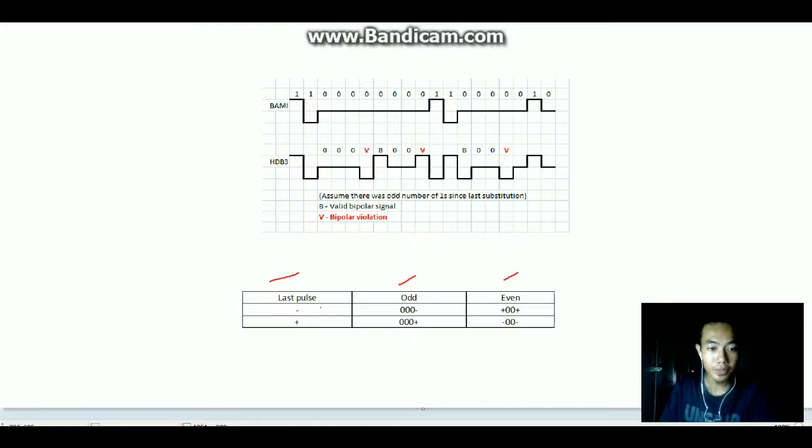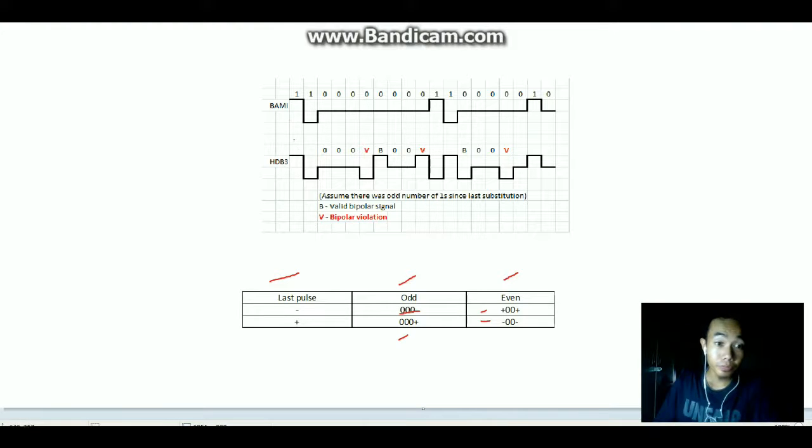For the last pulse, there are two types, negative and positive. If the number of pulses is odd, there are two types of code here. And also for the even, there are particular types of code.